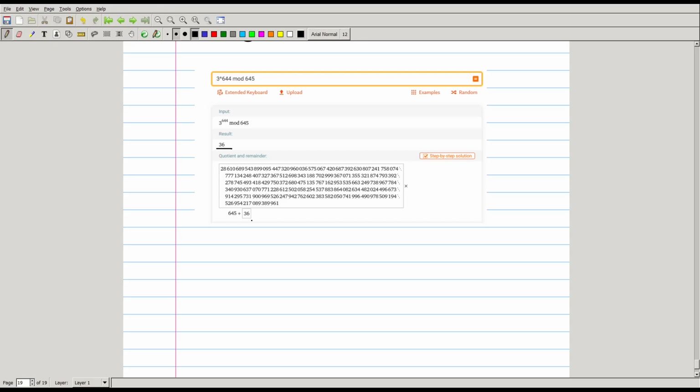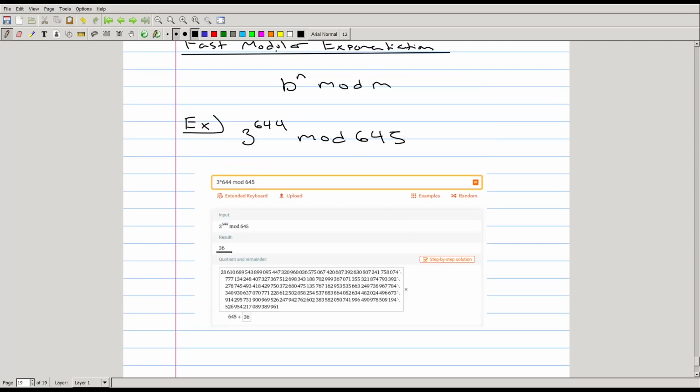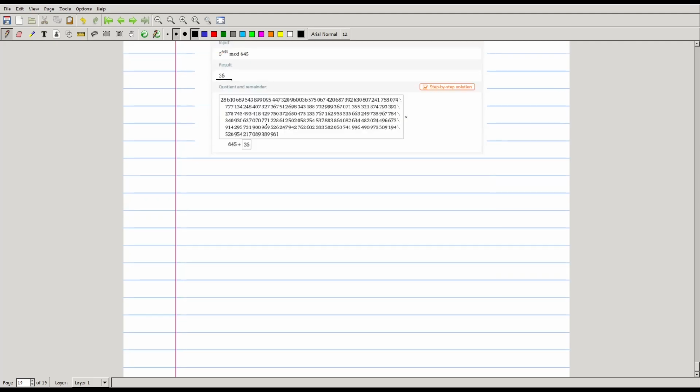So you can very clearly see that this is not something you want to do by calculating b to the n and then dividing it by the modulus. However, this algorithm for fast modular exponentiation is very cool.